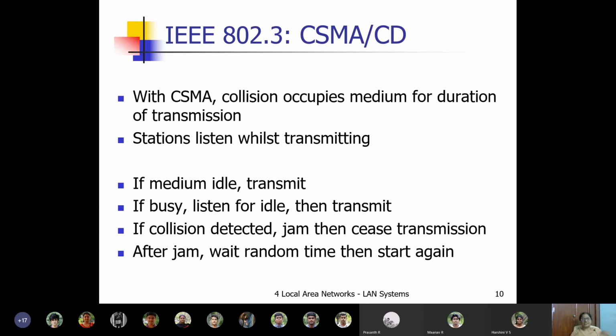Say station X and station Y find that the channel is free. If both of them transmit immediately, we see that there is a collision. So I choose a random time and station Y chooses another random time. Both of us will start transmitting after that random time. After 5 seconds, I will transmit.